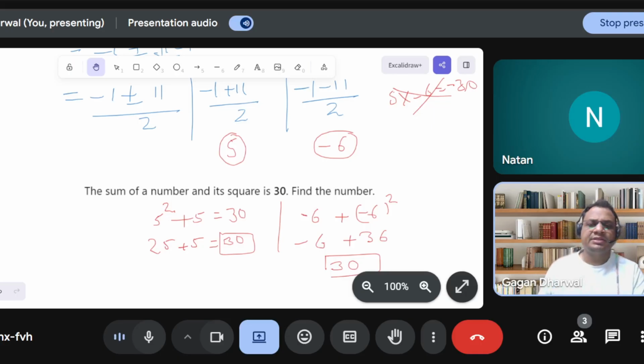If the question had been the sum of a positive number and its square is 30, then only 5 would have been the right answer, because minus 6 is negative. Or if they had said the sum of a negative number and its square is 30, then minus 6 would have been the answer, not 5. So you can alter the question.